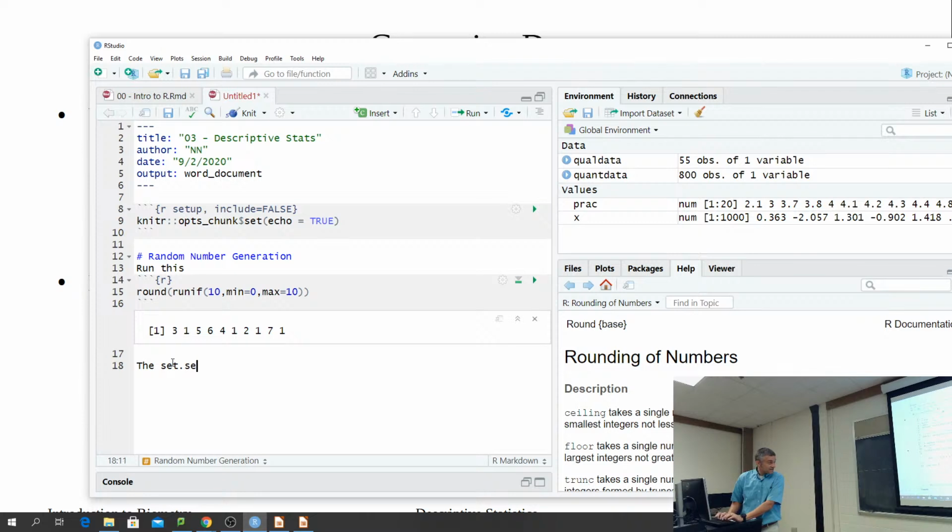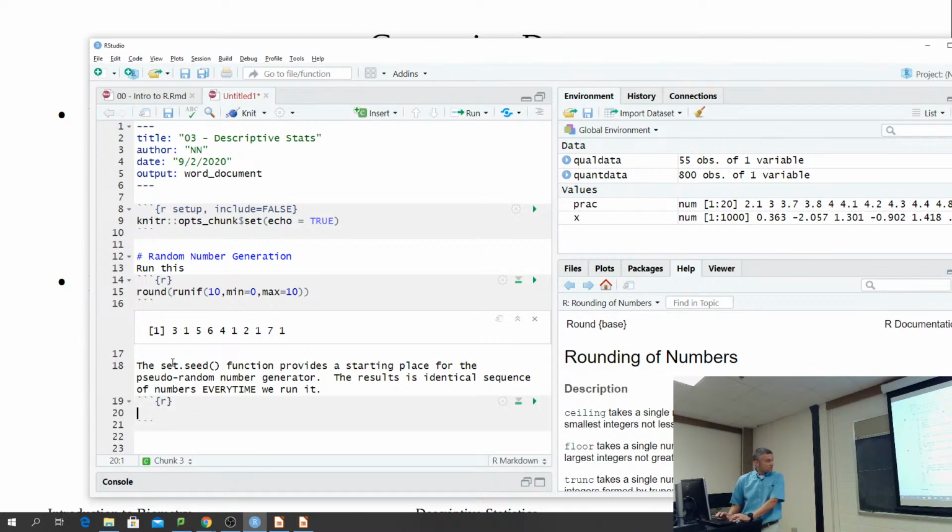The set.seed function provides a starting place for the pseudo random number generator. The result is an identical sequence of numbers every time.